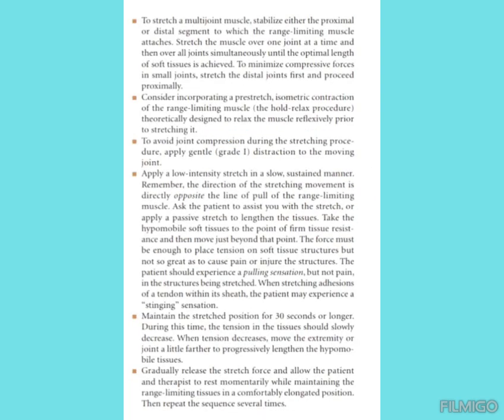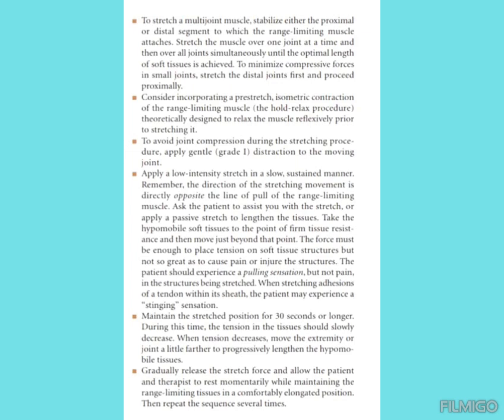In case it is a multi-joint muscle, then we have to stabilize either the proximal or distal segment to which the range limiting muscle attaches, and we have to stretch the muscle over one joint at a time and then over all joints simultaneously until the optimal length of the soft tissue is achieved.